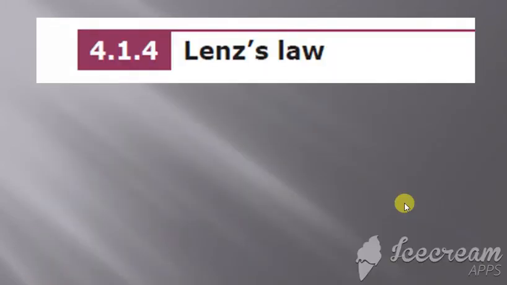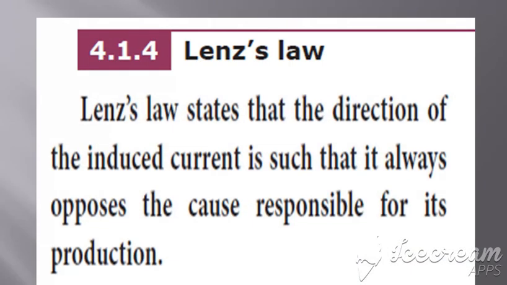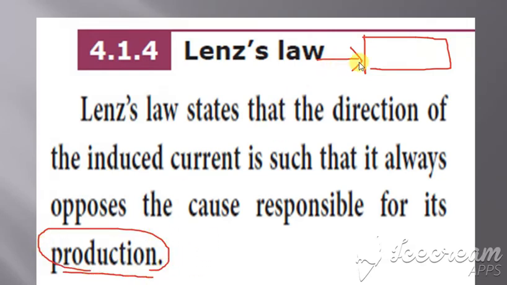Clear? Next, Lenz's law. Lenz's law states that the direction of the induced current is such that it always opposes the cause responsible for its production. What is meant by this is, suppose this side is the direction of production, how the current is produced, then the direction of induced current is in the opposite direction.